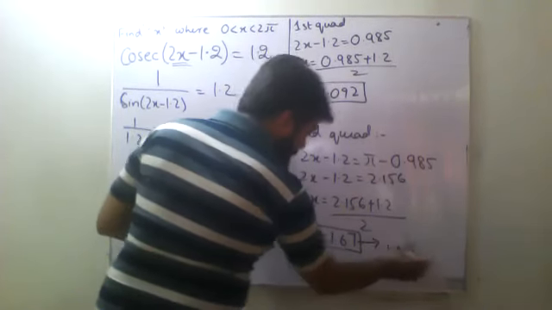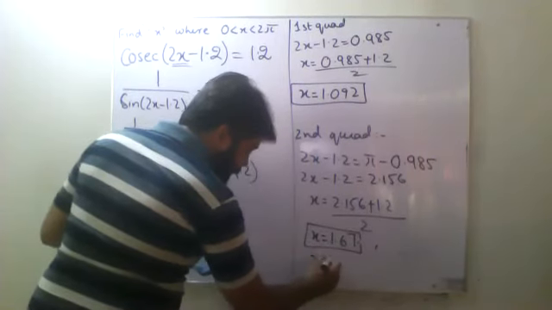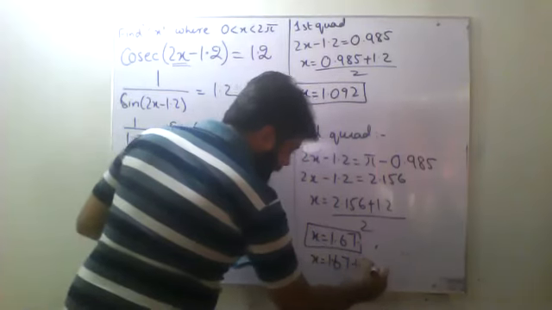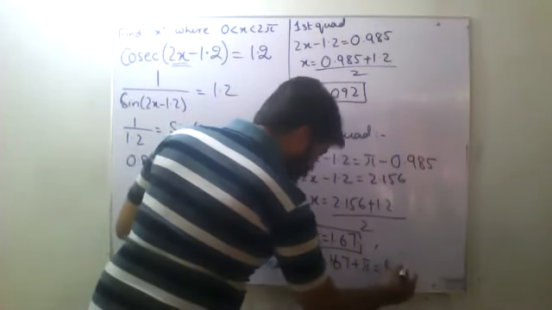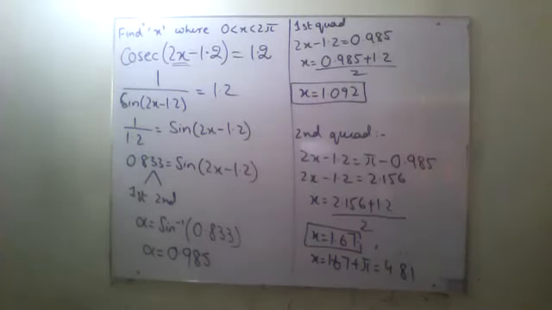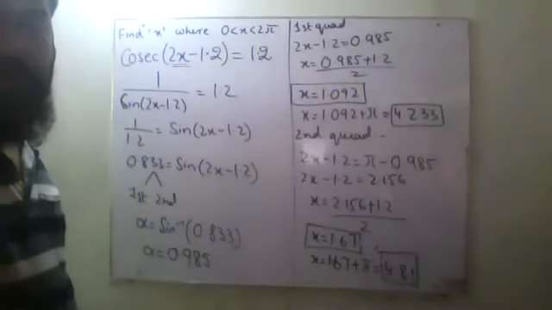I have added pi to 1.67 and the answer is 4.81. All four boxed answers are in front of you.